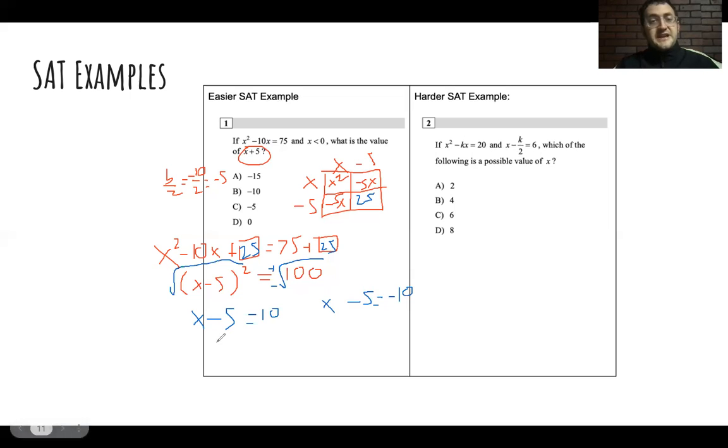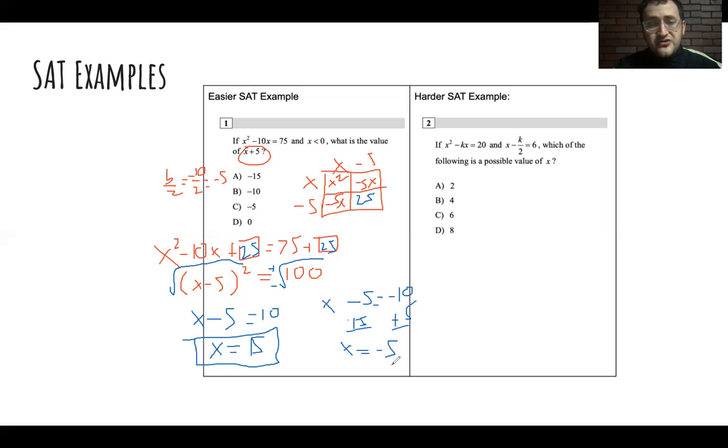So this means that x could be equal to 15, which, if we look at the answer choices, they're all negative or zero answer choices, so this may not really matter too much. Or we could go to x minus 5 equals negative 10, and add the 5 on both sides. So I'm going to have x equals negative 5.